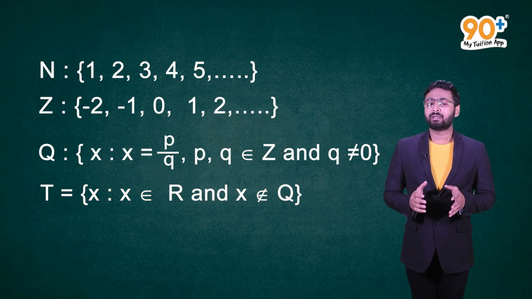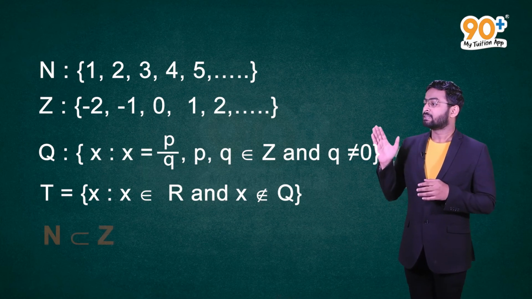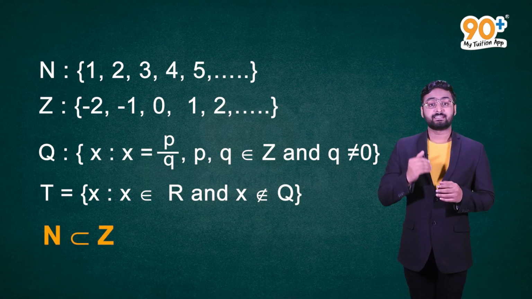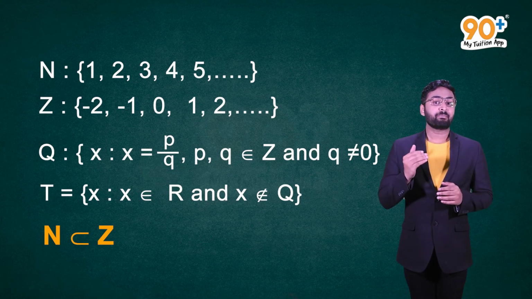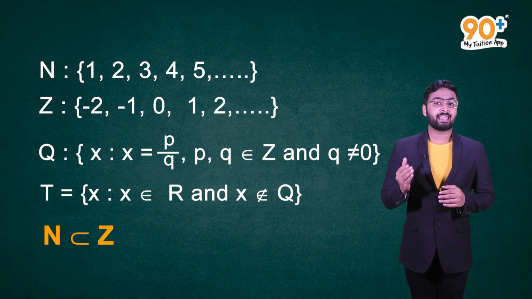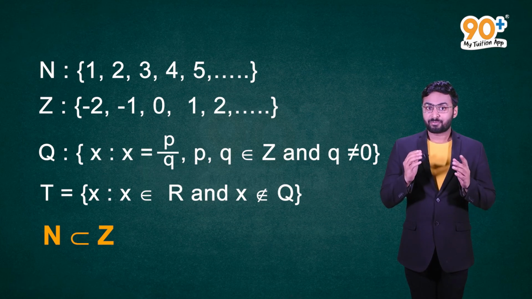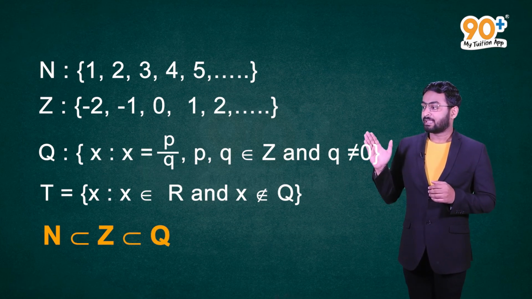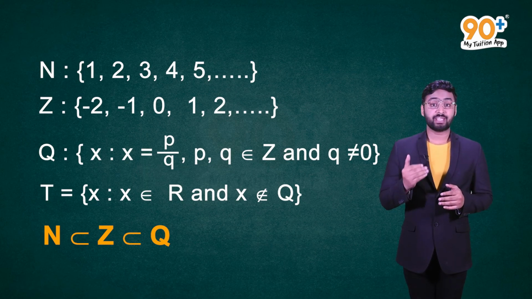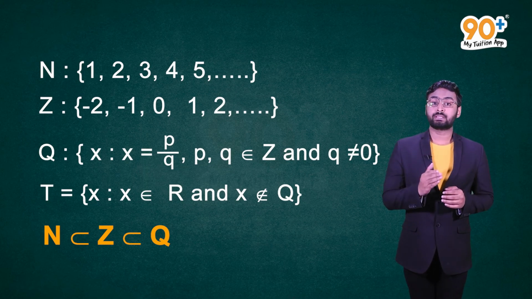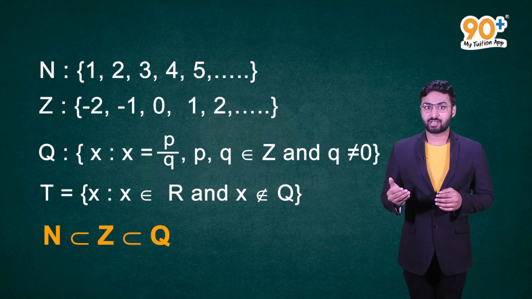On comparing them, we can see that N is a subset of Z, as each element of N is also in Z. Now, rational numbers are made up of positive and negative integers. So we can say that Z is a subset of Q. We know that real numbers include both the rational and irrational numbers.